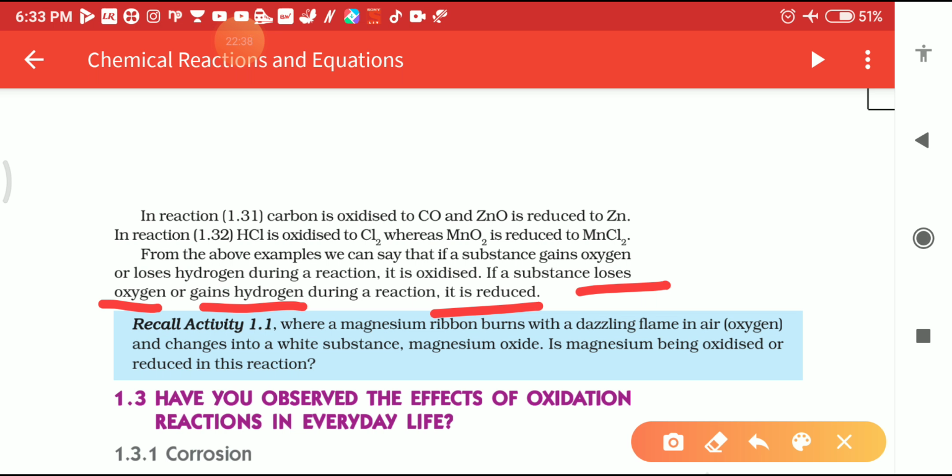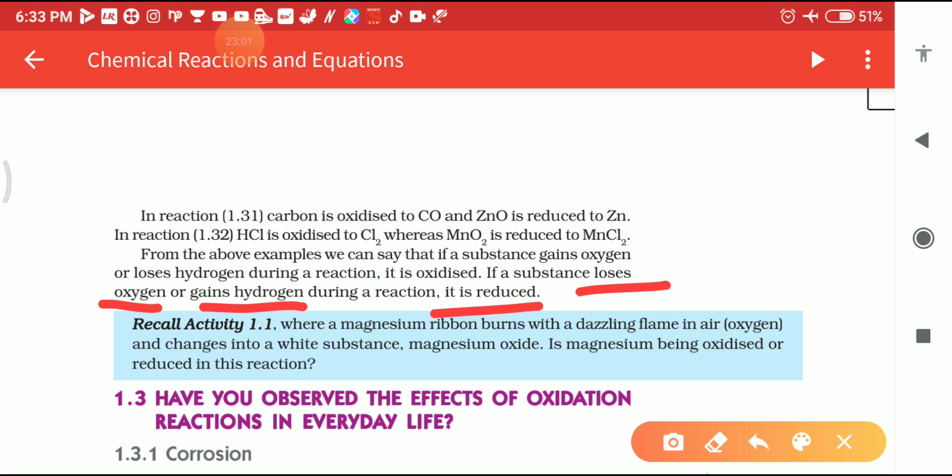Another thing is the oxidizing agent. I mean the agent which can do the work. The substance which gets oxidized is the reducing agent, and the substance which gets reduced is the oxidizing agent.